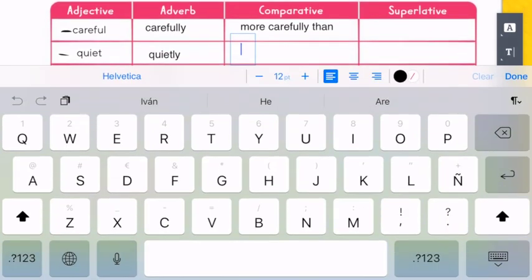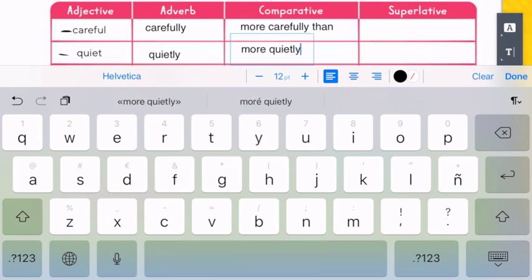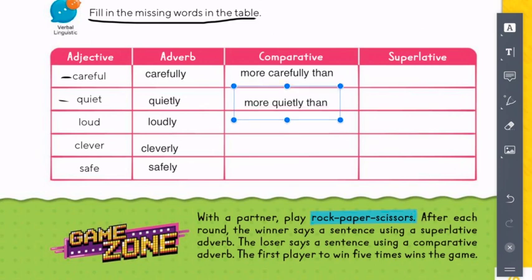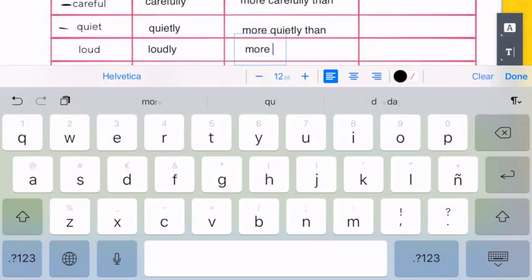Quietly. Comparative. More quietly than. Loudly. Comparative. More loudly than.